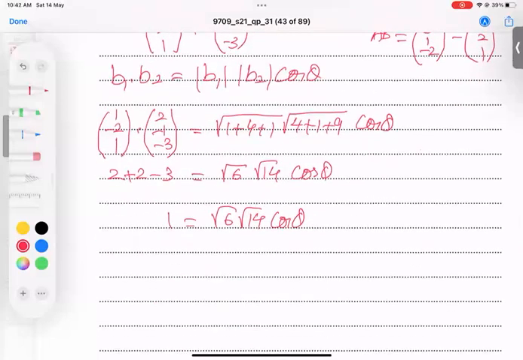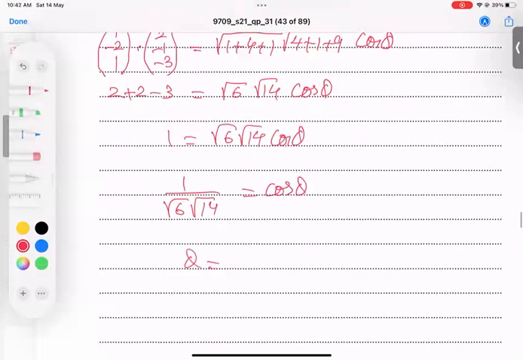And both are dividing on the left hand side. When we divide, what happens? 1 over root 6 times root 14. Take cos inverse. Wait a minute, let me check, and make sure you convert your calculator to degrees.